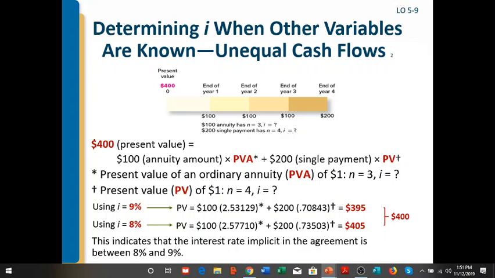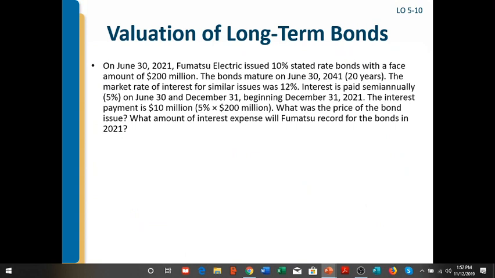So the interest rate that you're looking for is somewhere between 9 and 10. Not a very good example. All right, let's go on.